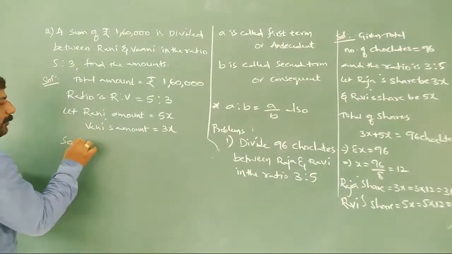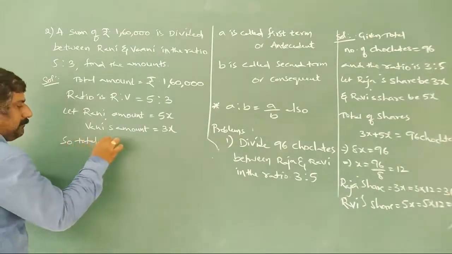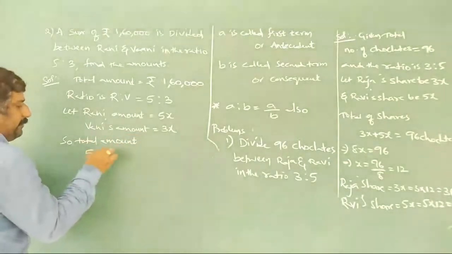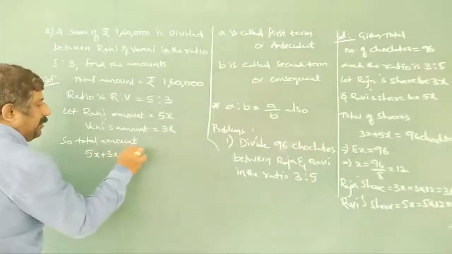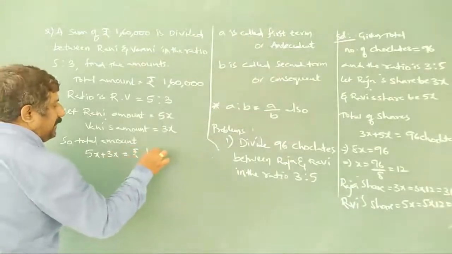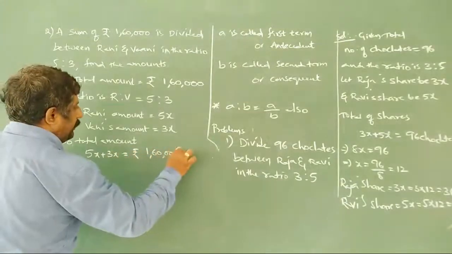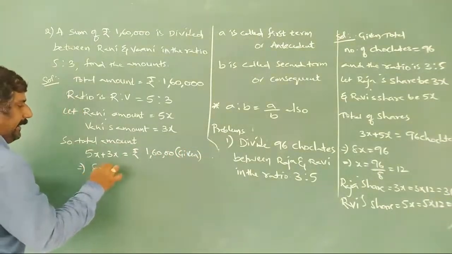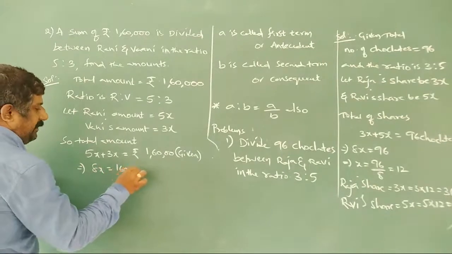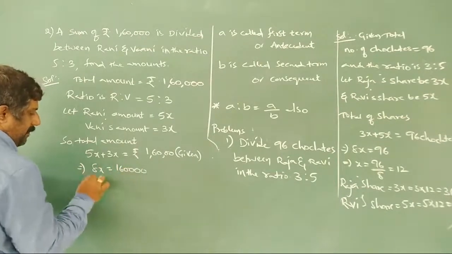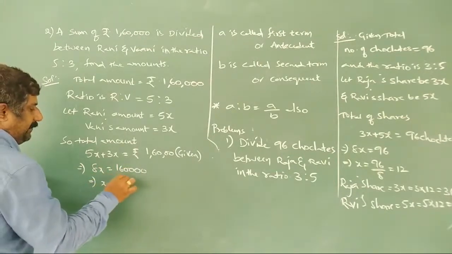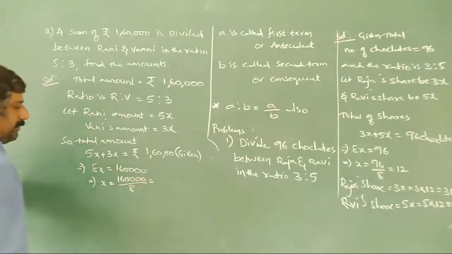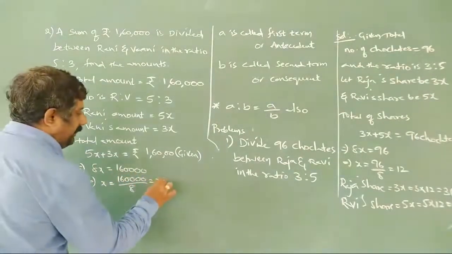So the total amount is 5x plus 3x, but actually how much is it? 1,60,000. This is given to us. 8x equals 1,60,000. x is nothing but 1,60,000 by 8. So how much are we going to get now? 20,000 we are going to get here.